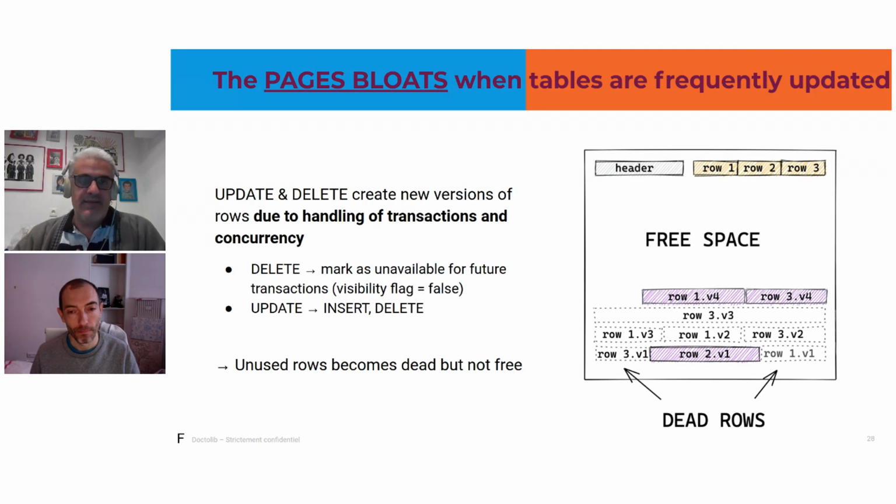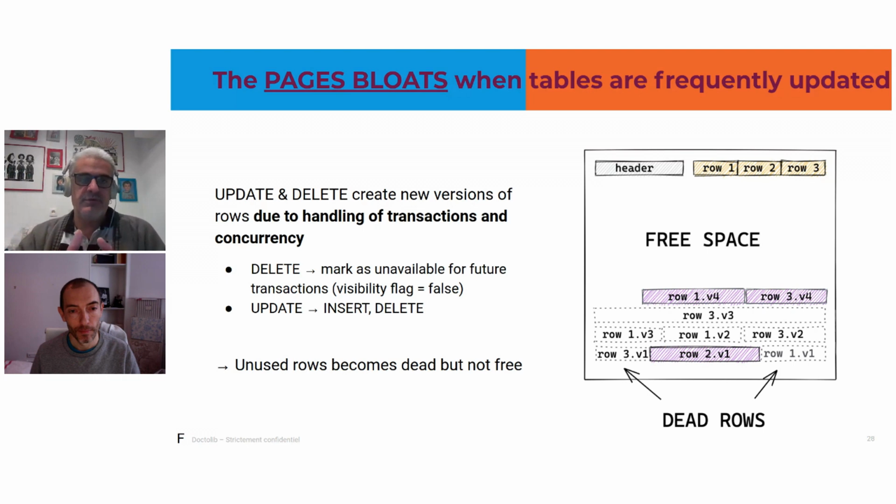So when we make a delete, for example, of a row, we will not really delete the row from the table. Actually, we will say to Postgres that we are going to delete the row. And then for my transaction, where I am running right now, the row is already deleted. But for the other ones, it's not. So that's why we have to mark the row as unavailable for future transactions.